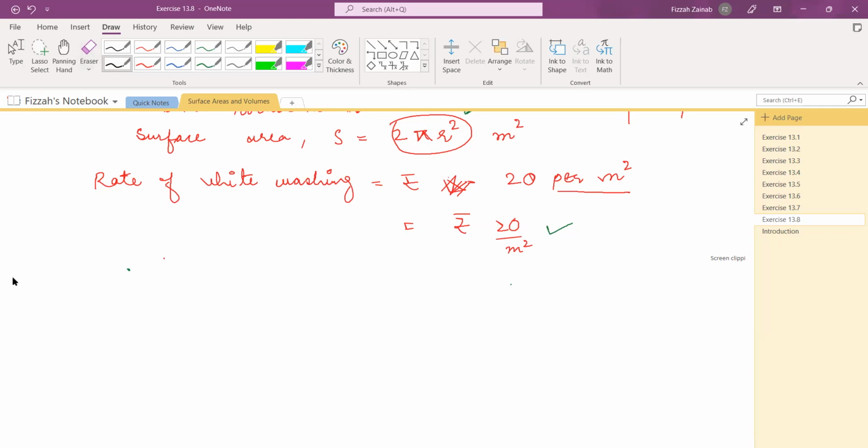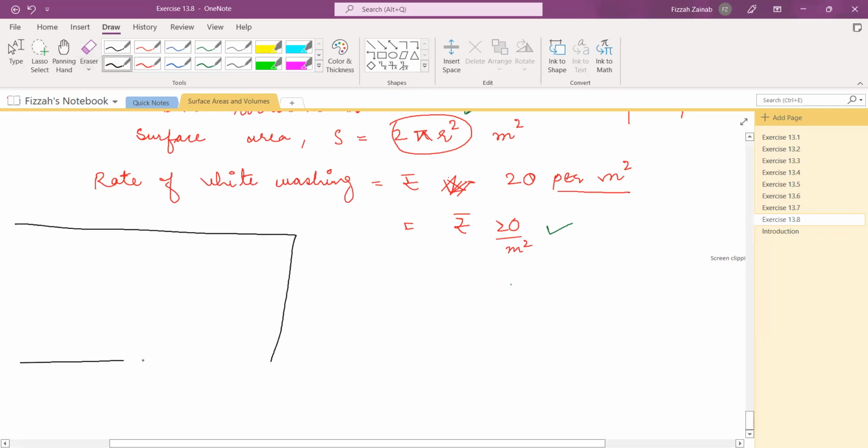Let me quickly revise it. In some questions, you are given some surface area, let's say x meter square, and you know the rate, rupees 20, and then you get your total cost. This was the approach in previous questions.